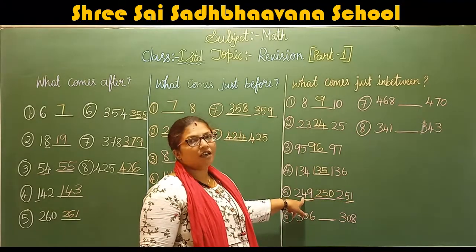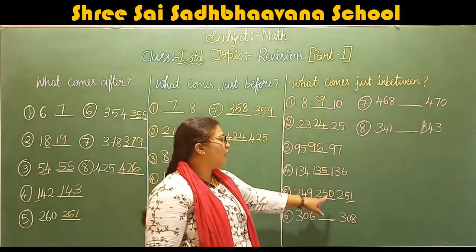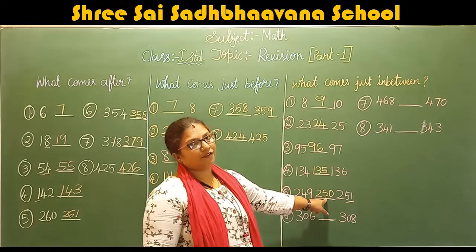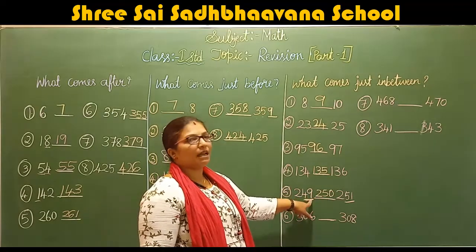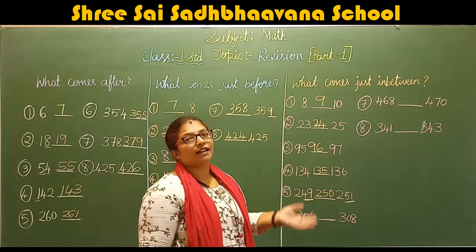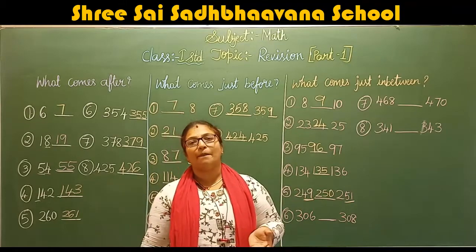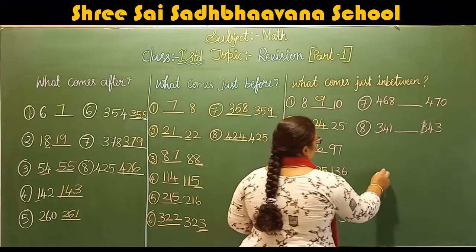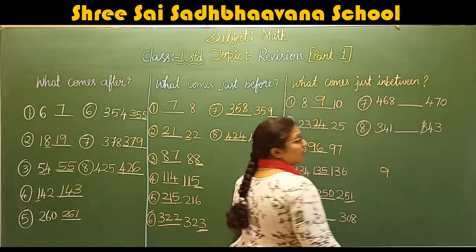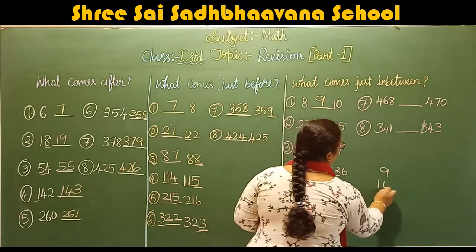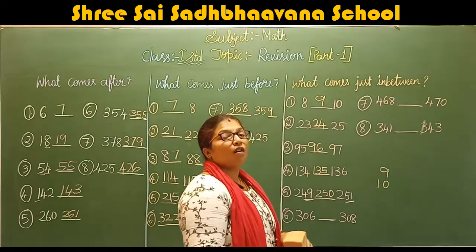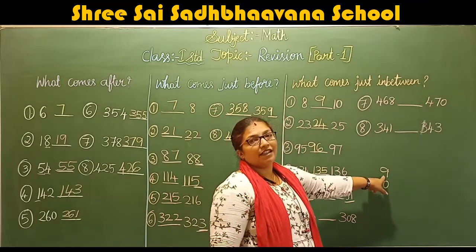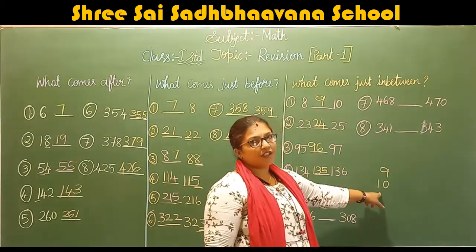So here the ones place is 4 and here it becomes 5, because the last number is 9. If last number 9 comes, what happens? It will change. See here, this is 9, this will be 10, right children? So it is 1 digit number, it is 2 digit number.